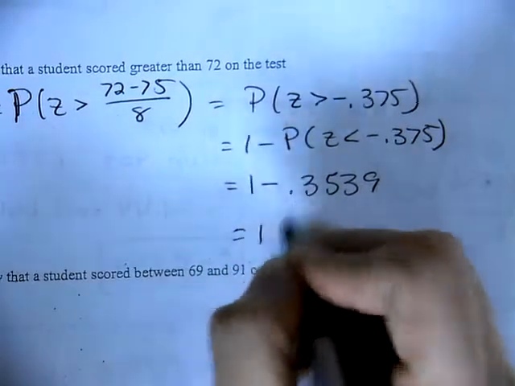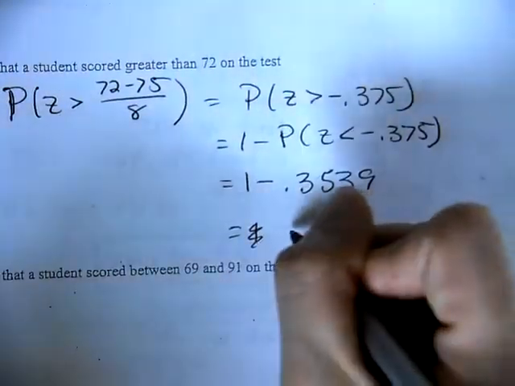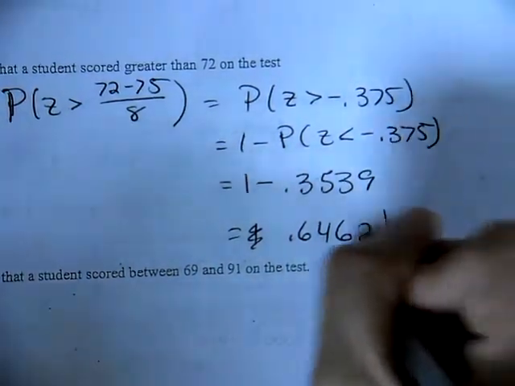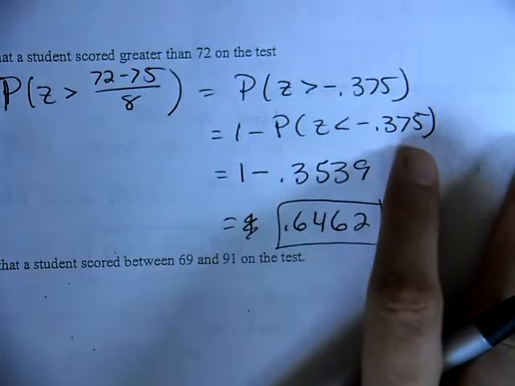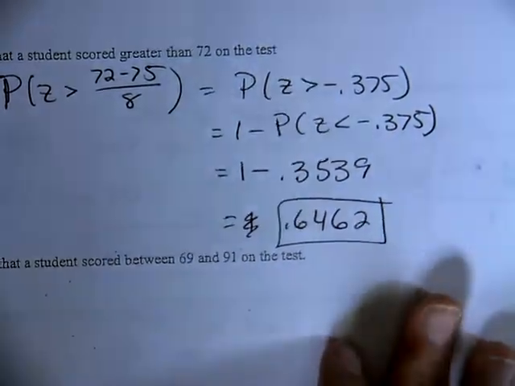And I'm going to subtract. 0.6462. And if you were a couple off, this one's kind of tricky because it's not a whole number. Usually on the quiz or test, I try to make it so that they're a whole number and you don't have to do this craziness.